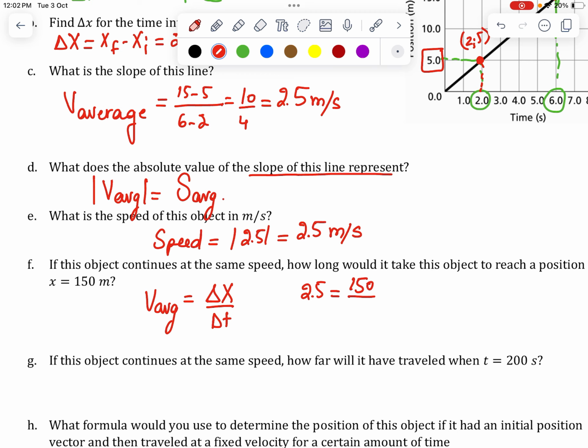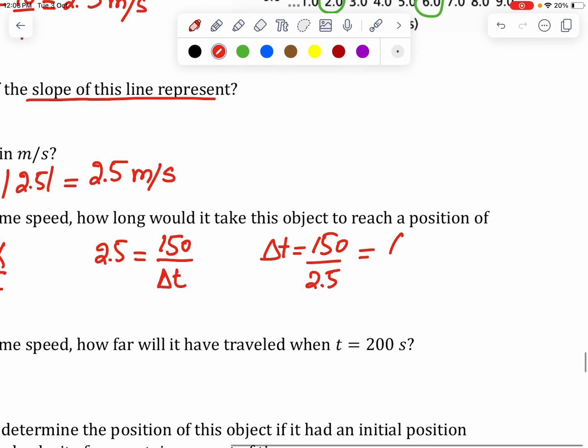How long means, let me find the time needed. So delta t equals 150 over 2.5, which will give me 60 seconds.